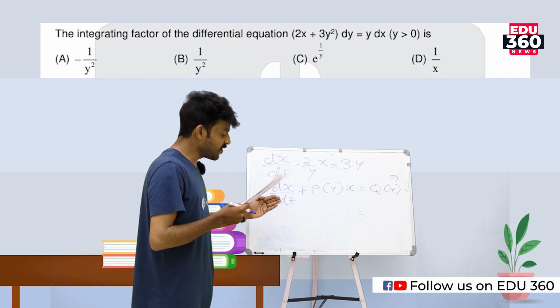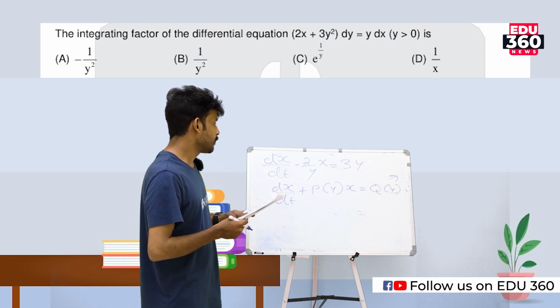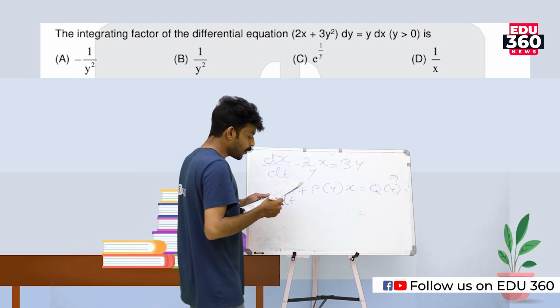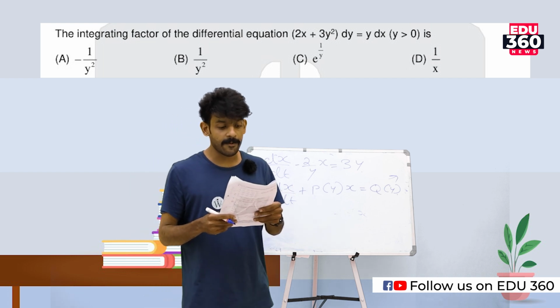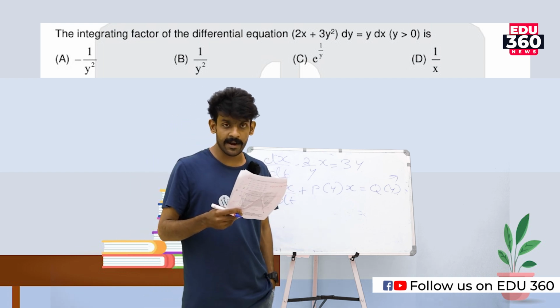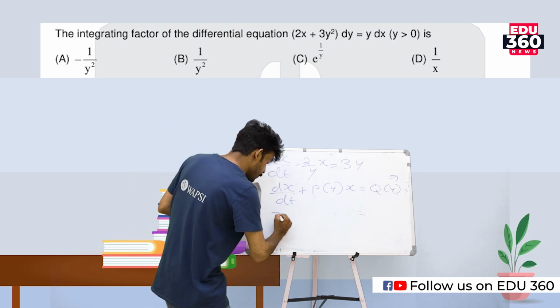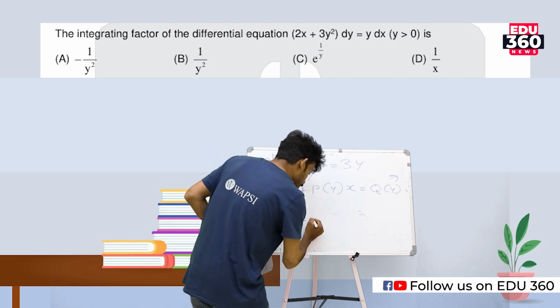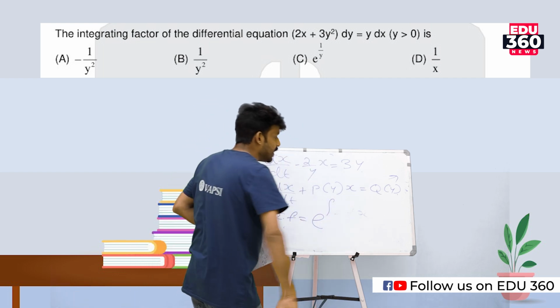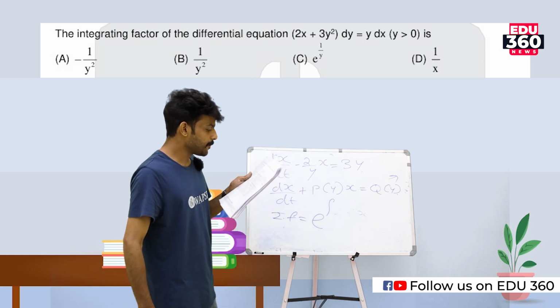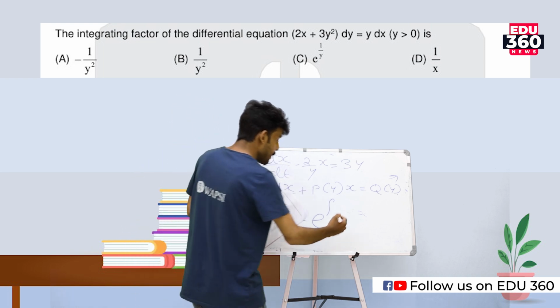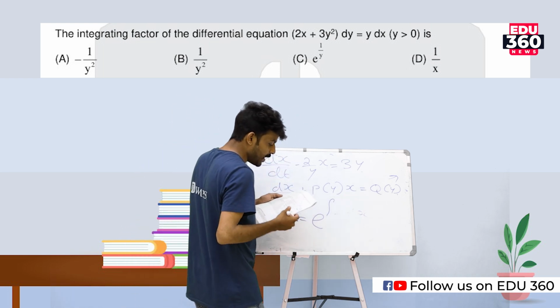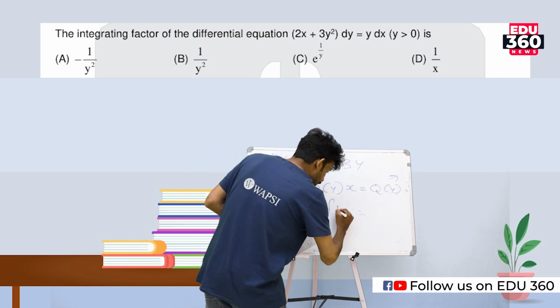From this, the question is that we need to find the integrating factor. So the integrating factor, IF, is equal to e raised to the integral of p of y dy.